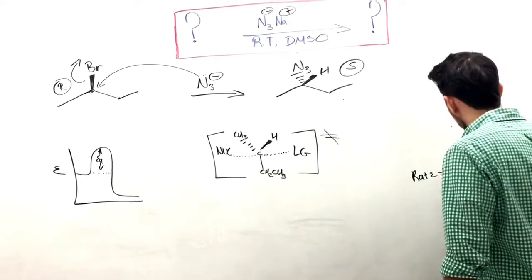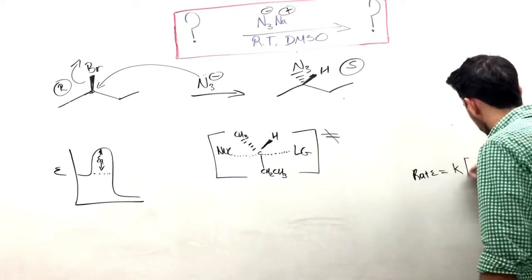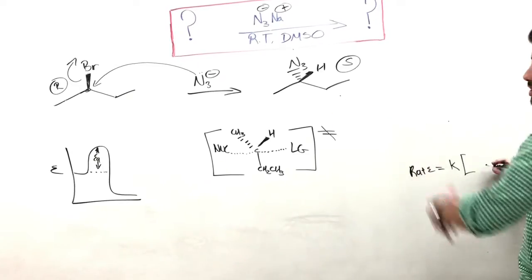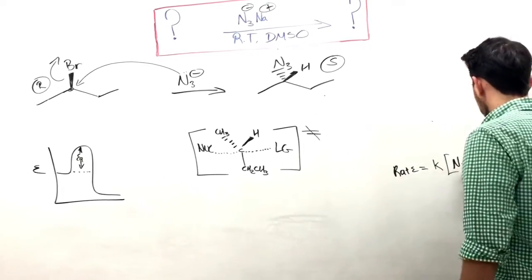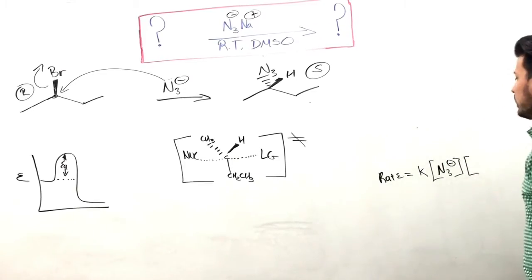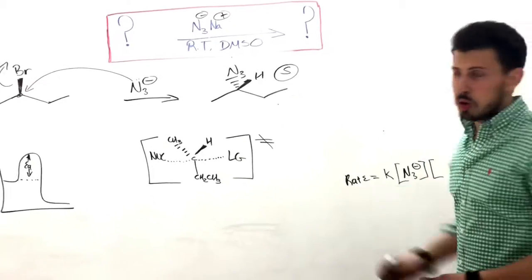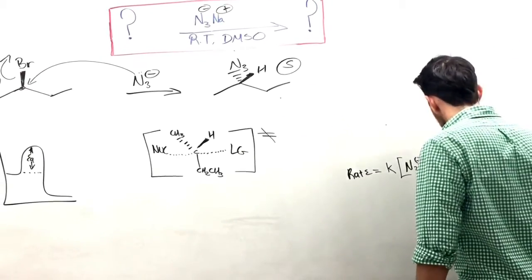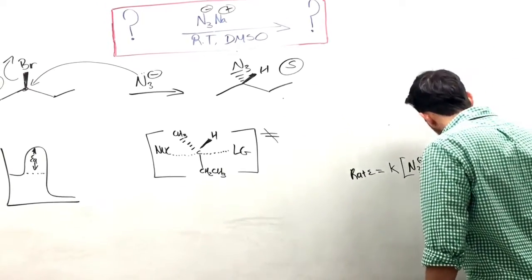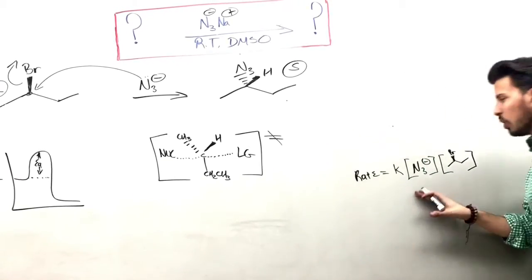Rate equals k, concentration of the nucleophile, azide, and then the electrophile or the substrate, 2-bromobutane. So hopefully you can see that.